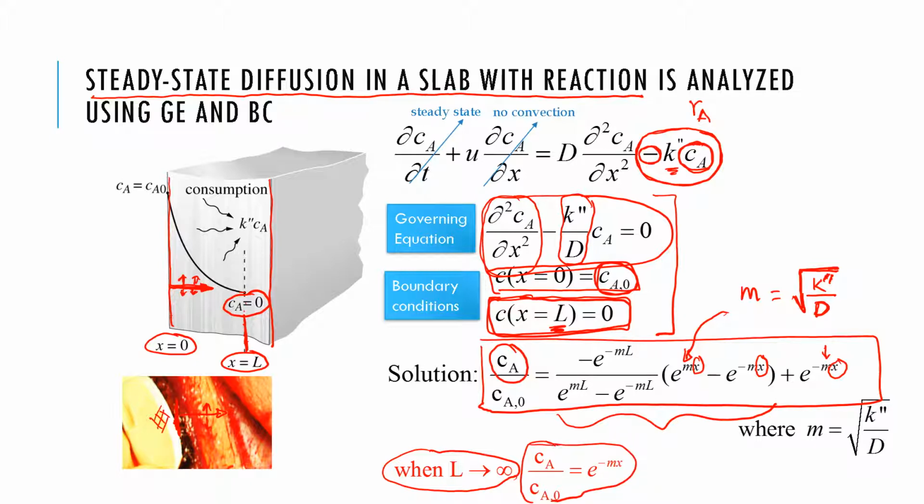This exponential decay solution for concentration as a function of x is going to be what we will play with in the next few slides, but this is valid only when the domain is thick.